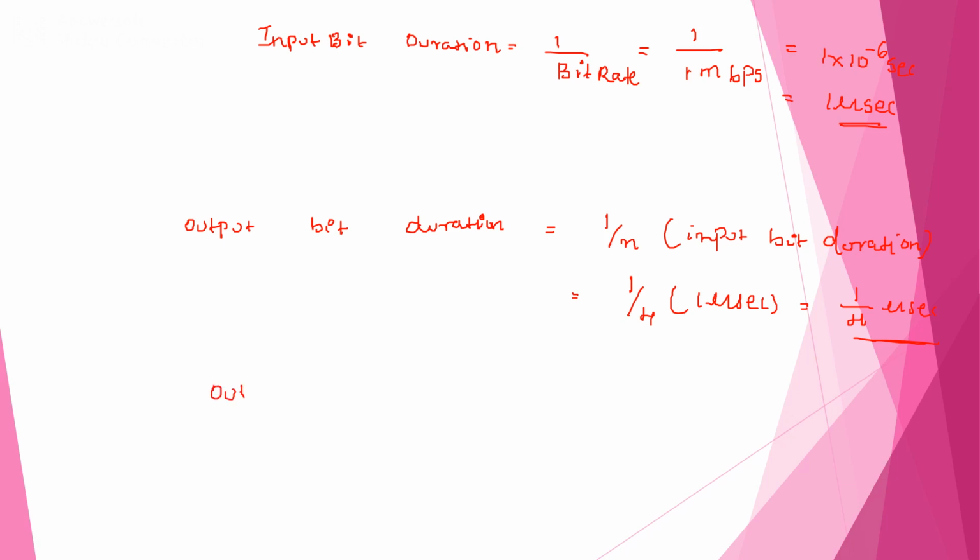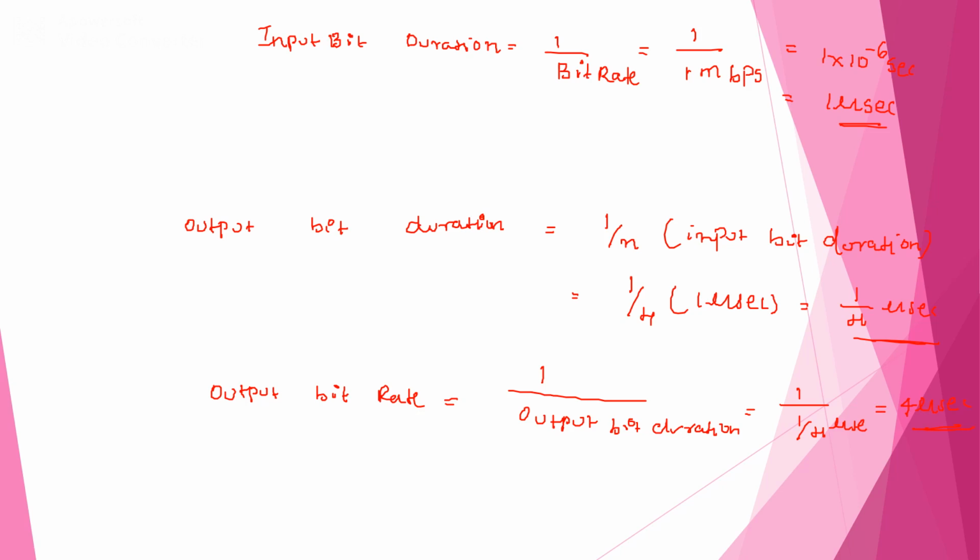So next we can compute output bit rate. Output bit rate is equal to 1 by output bit duration, that is equal to 1 by 1 by 4 microseconds. So the value will be 4 megabits per second.